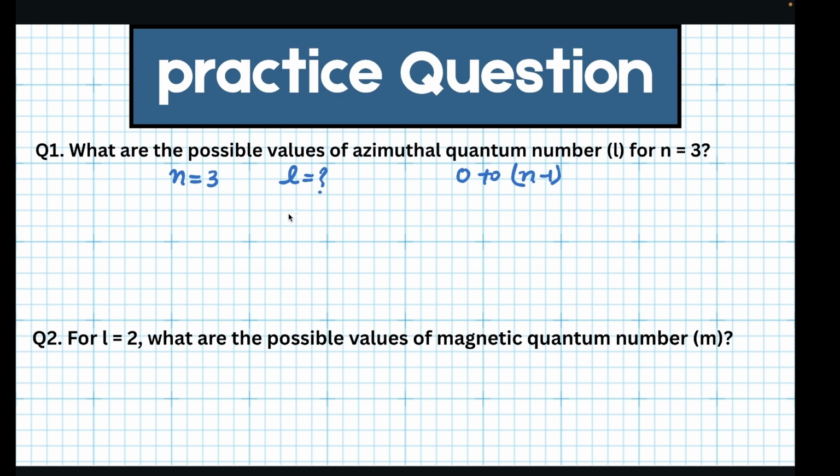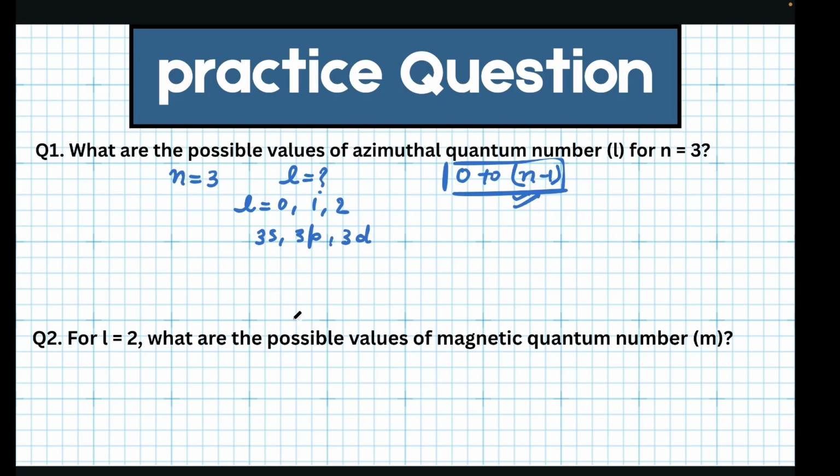So the possible values for L will be 0, 1, 2. So possible subshells are 3s, 3p and 3d.